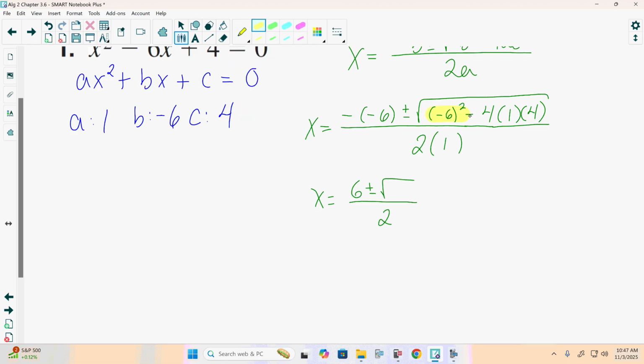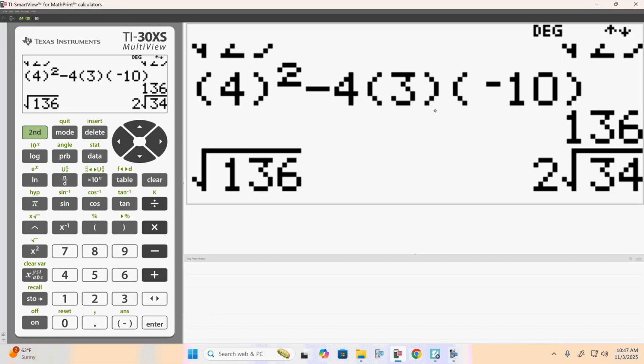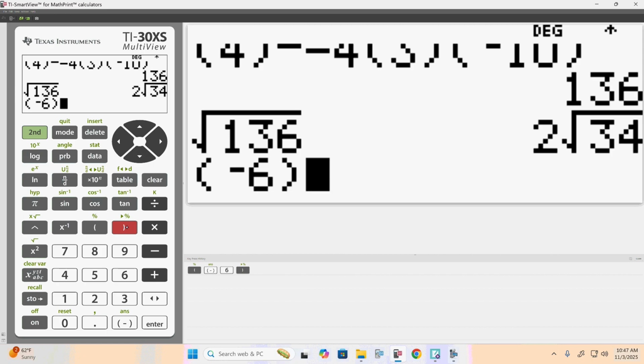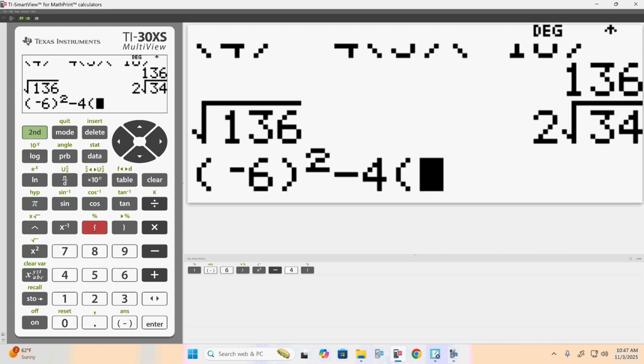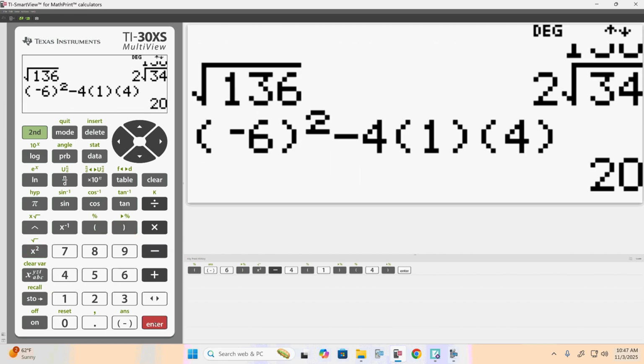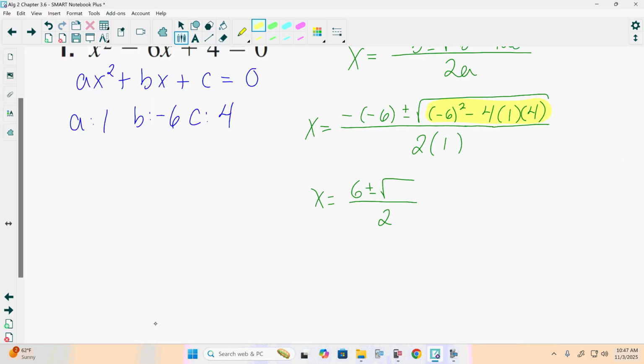We can type everything inside the square root into the calculator just as it appears here: parentheses, negative 6, close parentheses squared, minus 4 times 1 times 4. And that tells us it is 20.